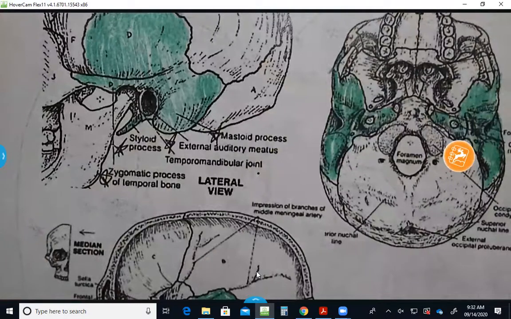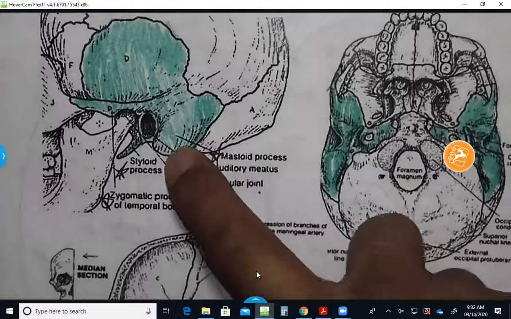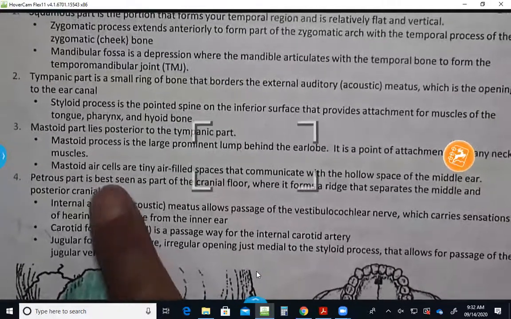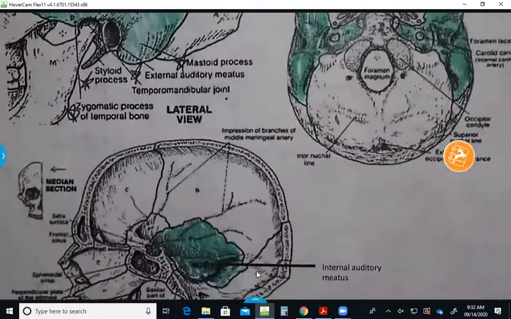Mastoid process is where a muscle called the sternocleidomastoid connects, a neck muscle that runs down and connects to our sternum and clavicle. Inside of this bump there are actually tiny pockets, air spaces that connect to our middle ear. We call those mastoid air cells. You can't see them, so I'm not going to worry about you identifying them.